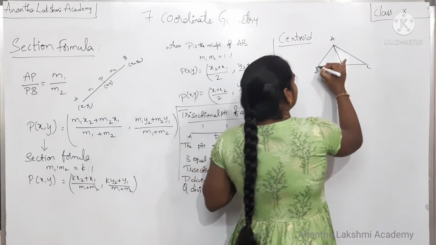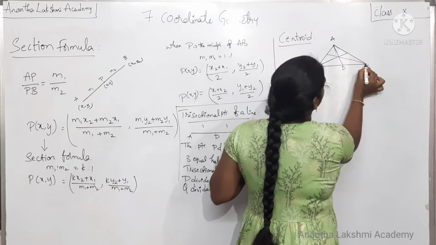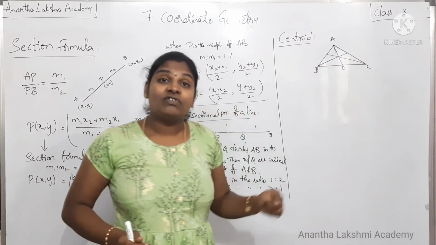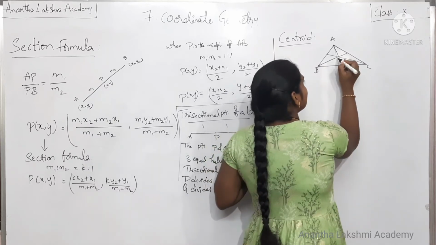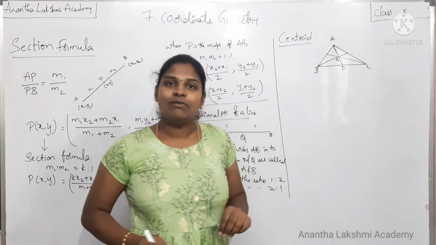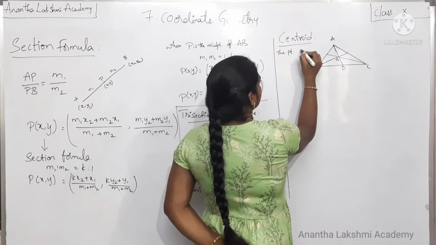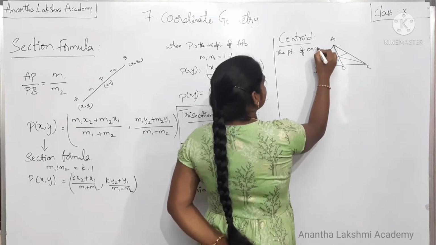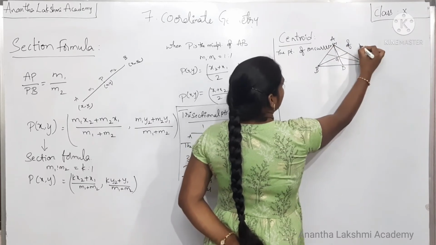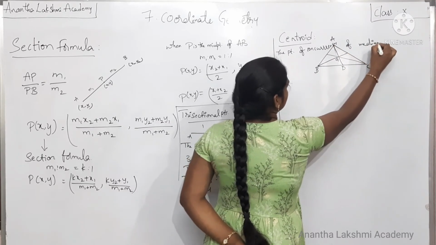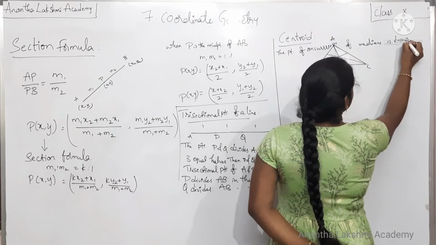Now I'll draw one more like this and one more like this. The point of concurrency, where are these meeting? That is known as centroid. The point of concurrency of medians is known as centroid.